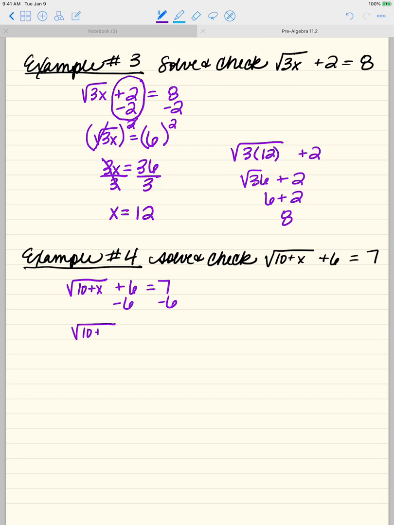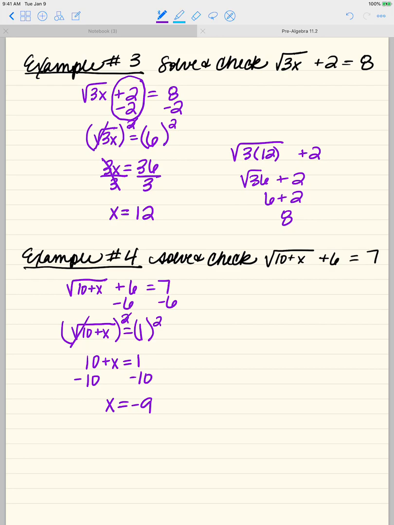That leaves me with the square root of 10 plus x equal to 1. Square both sides, eliminating that square root, leaving me with 10 plus x is equal to 1. Subtract 10 from both sides, x is equal to negative 9.